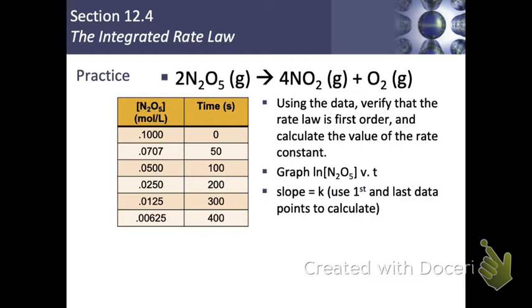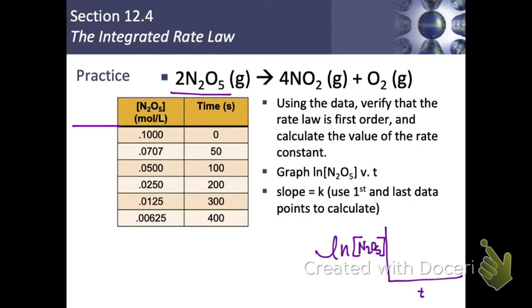So, when I look at first order rate laws, if I were to graph them, my graph would look something like this. My graph would be the natural log of my concentration of my reactant, N2O5, over time, right?